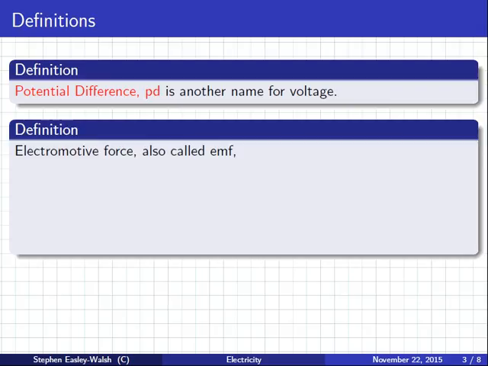So in other words, the reason current leaves a battery, a cell, is because the battery has an EMF. It has this sort of ability to push the electrons out.